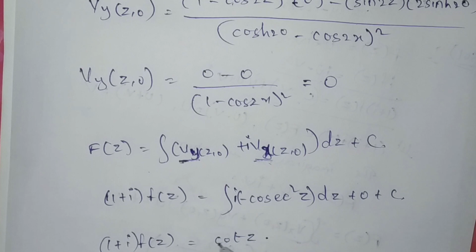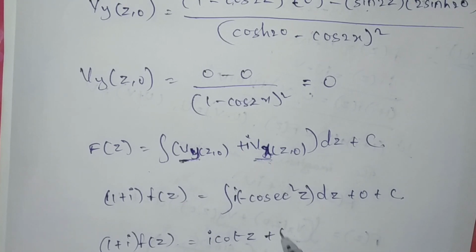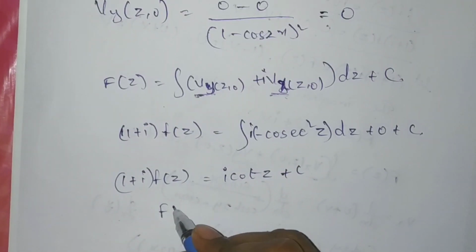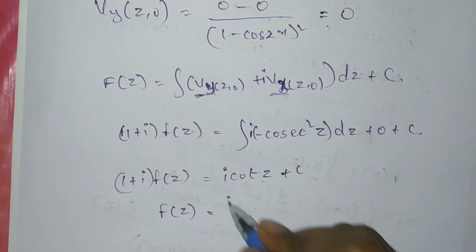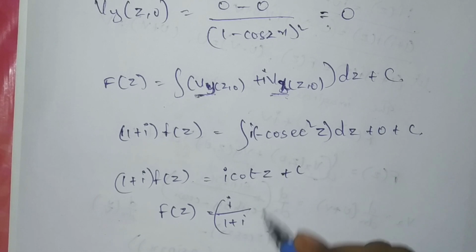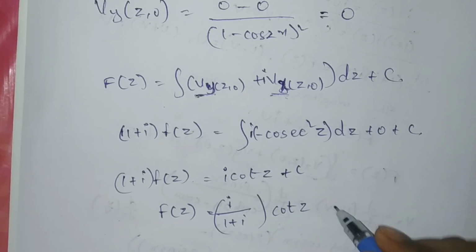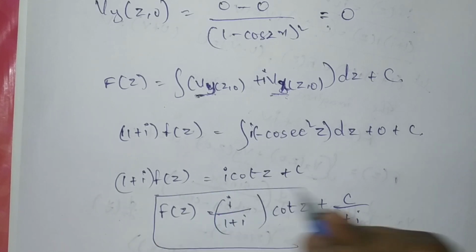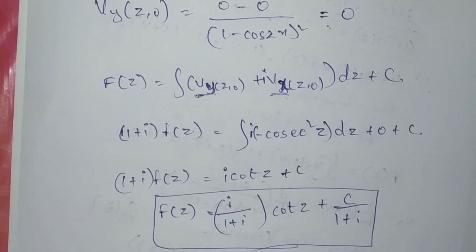Integrating, the integral of cosecant square z is cot z, so i into cot z plus c. Now f(z) will be i by (1 + i) into cot z plus c by (1 + i), which is the required analytic function.